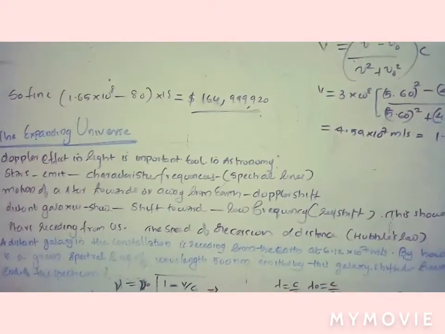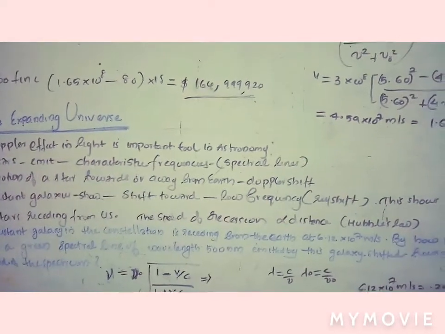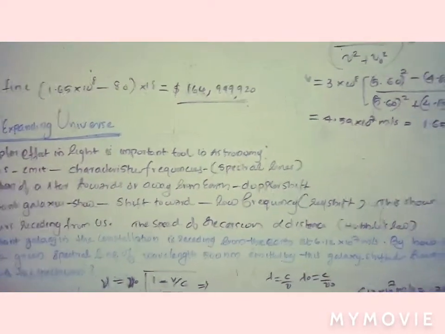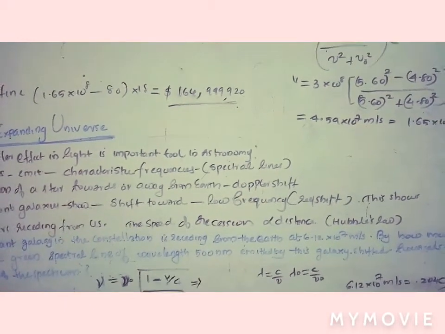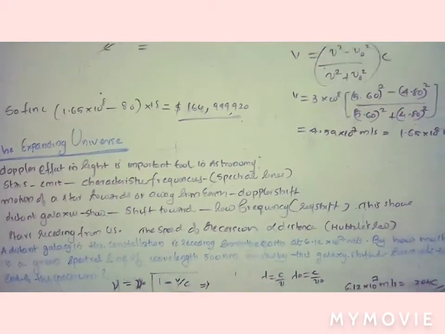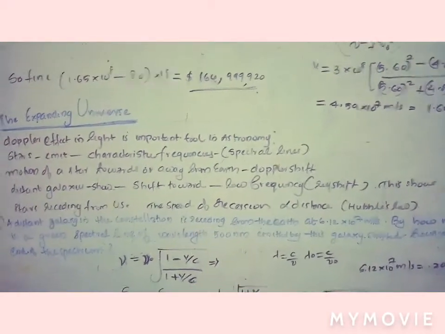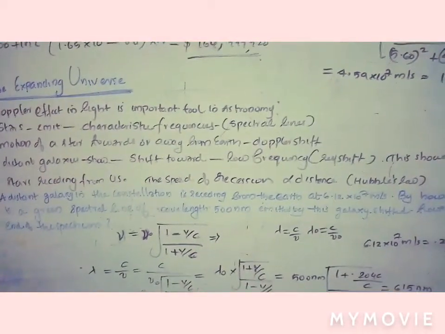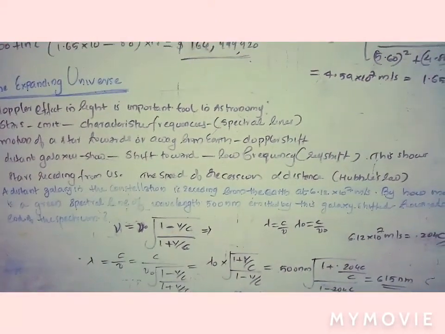The distant stars show a shift towards lower frequency, that is, energy is very small, that is redshift, and they show that the stars are receding from us, and the speed of recession is directly proportional to distance, that is Hubble's law. So here is one question which is related to this.